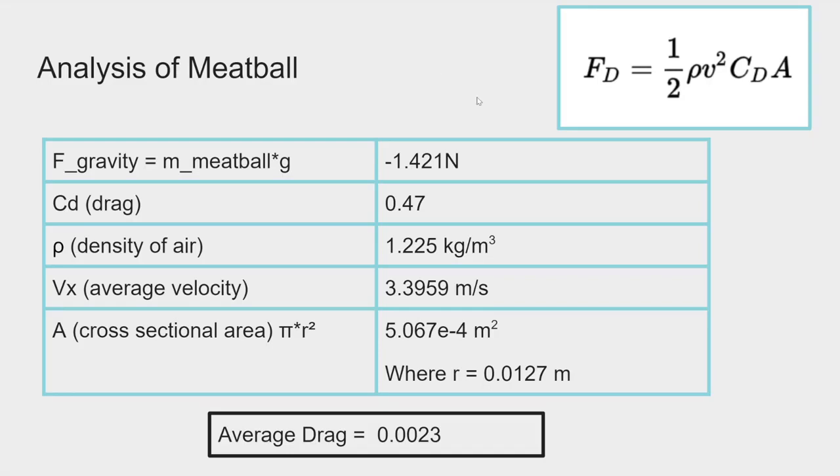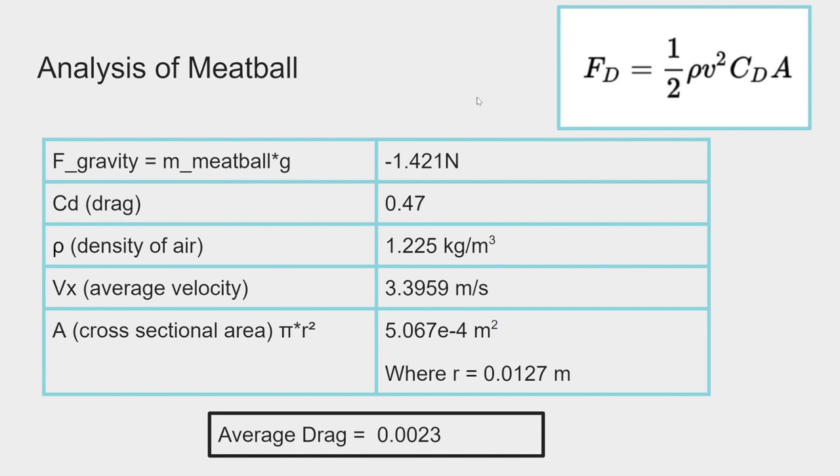In order to solve for the ordinary differential equation for the meatball, we are going to need a few key variables. Namely, we are going to need the drag coefficient of a cylinder, which could be estimated to be the size of a meatball, as well as the density of the air that Fritz is in, the average velocity, in order to compare with the other two objects in order to determine why the dog is successful in catching the French fry and why the dog isn't successful in catching the steak and the meatball, as well as the cross-sectional area in order to determine drag.